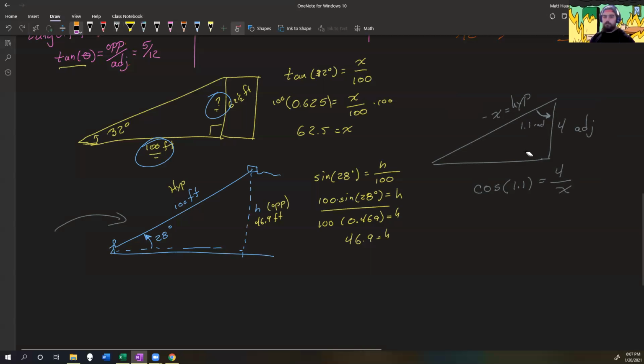And we put it in radian mode instead of degree mode. Yep. So use that 1.1 radians and solve that for x.